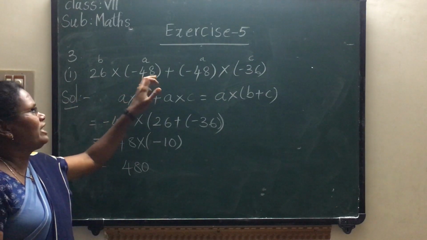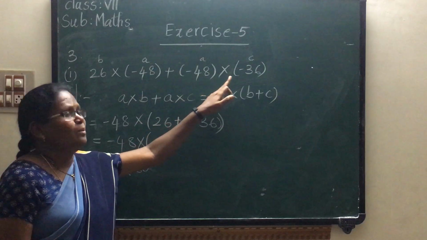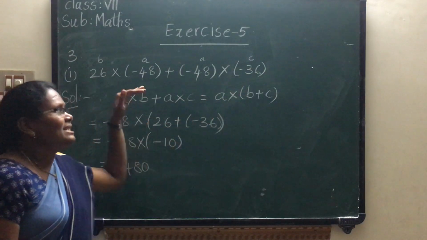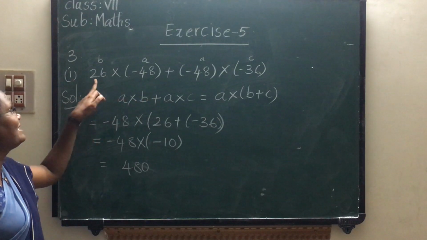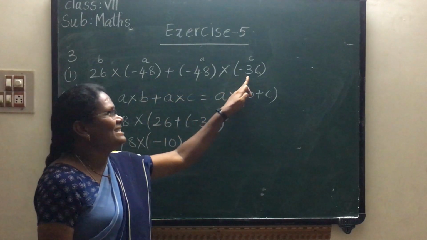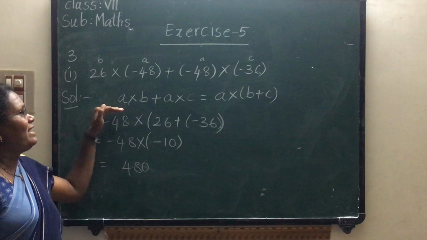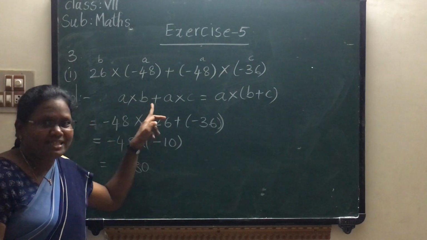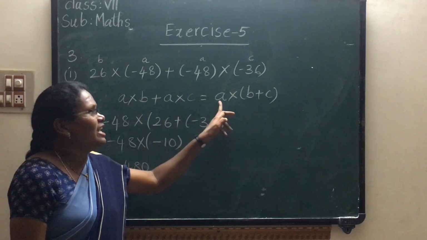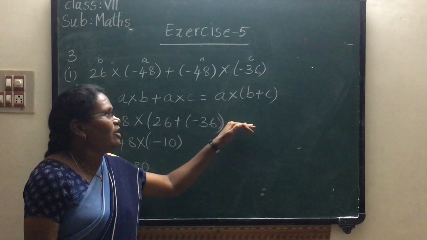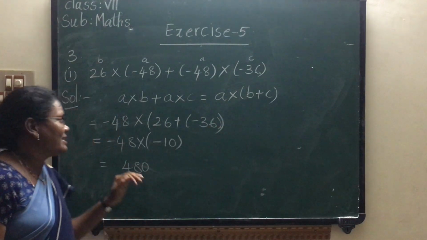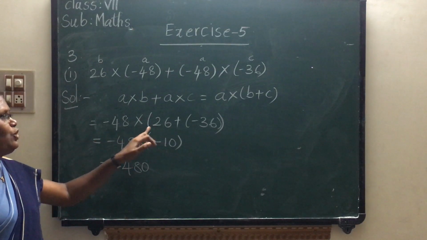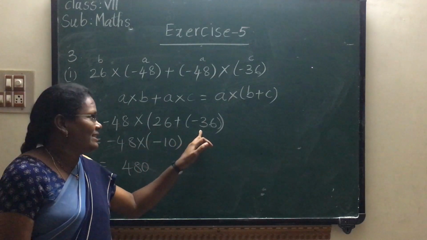Once again listen here. 26 into minus 48 plus minus 48 into minus 36. This is the distributive property. Here A is minus 48, this is B, this is A, this is C. The sum is given as A into B plus A into C. We write A into B plus C. Now we find according to this formula: minus 48 into 26 plus of minus 36.